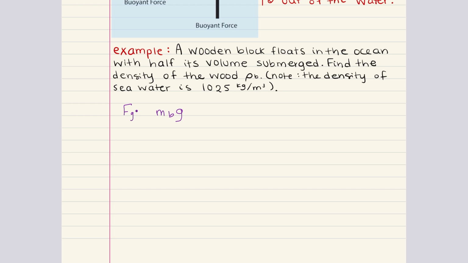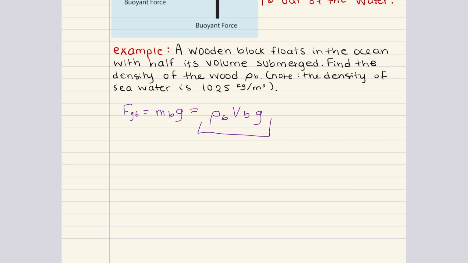And that is equal to the density of the block multiplied by the total volume multiplied by the acceleration due to gravity. So therefore, the weight of the block is equal to this term right here.